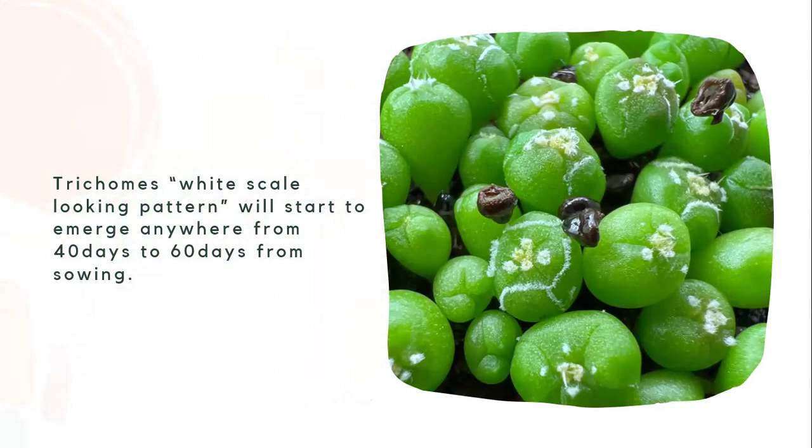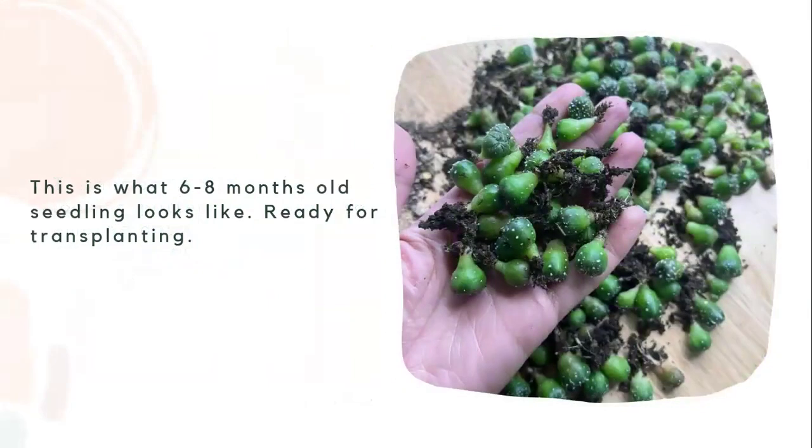So this is a super kabuto seedling. It's very fascinating once they start developing that pattern. And then this is 6 months old seedlings that are ready for transplanting. This is the comfortable size that I like to work with because they're not very tiny and they're not very fuzzy at this time.